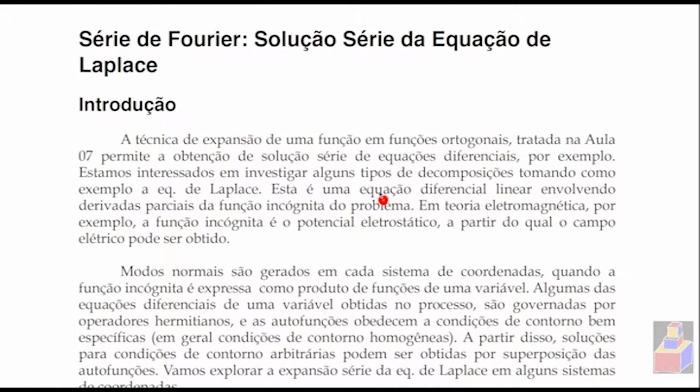We're going to have a harmonic oscillator differential equation, so we generate Fourier series of eigenfunctions. If you go to cylindrical coordinates, you might get those Bessel functions as we described in the previous lesson.